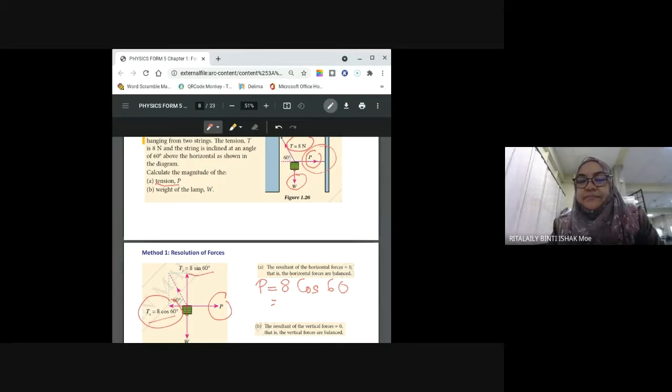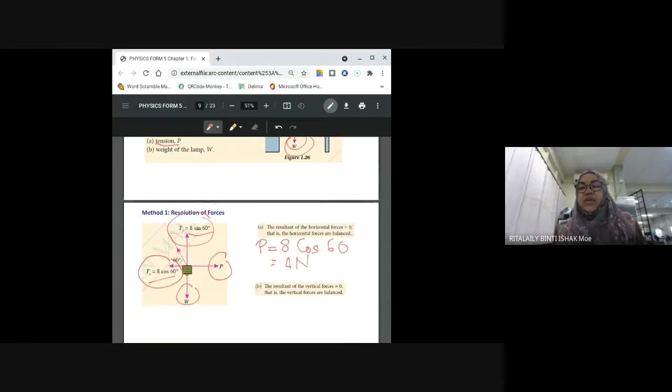P is 4 Newton. Okay, and then the weight of the lamp. The weight of the lamp is exerted vertically, and we have 2 vertical forces, which are the weight and the component Ty.